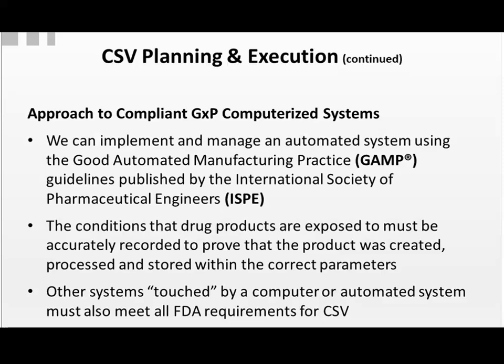But another area you need to look at is what type of system are we talking about? What's the category? Now, GAMP5, through the International Society of Pharmaceutical Engineers, or ISPE, has come up with a way of categorizing your software applications, to make sure that you're testing each in accordance with the level of complexity of that particular type of application.